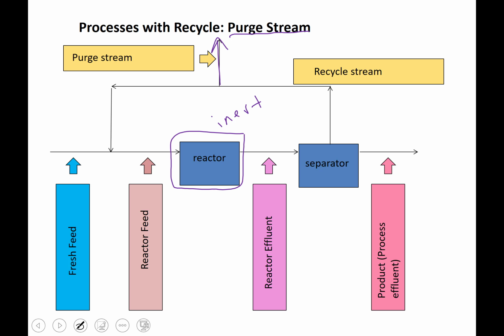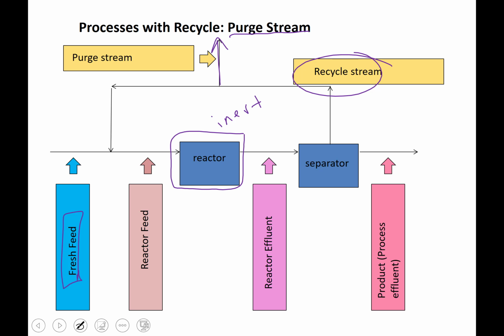So one other thing I want to point out is I have named all of these locations for you to see. Fresh feed is the one coming in. It's like coming in off the truck or the train car or however it's being delivered to the plant. That may be mixed with the recycle stream, okay?